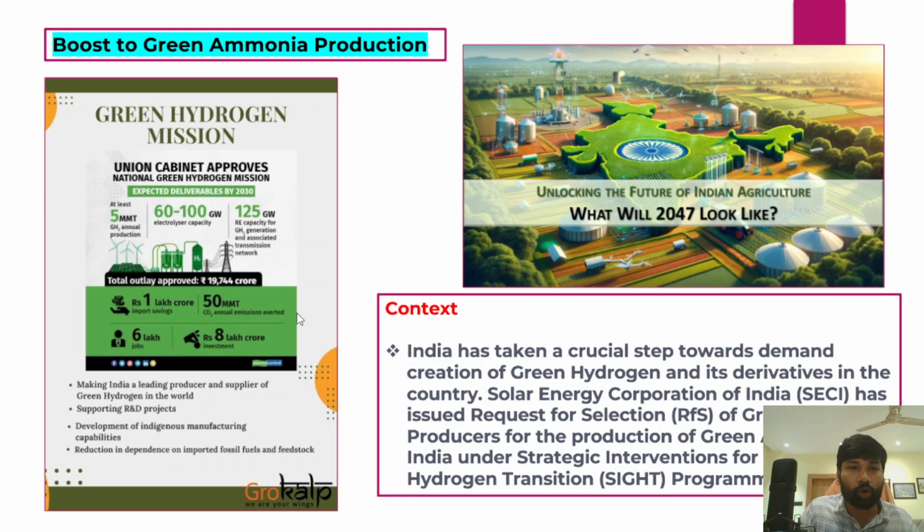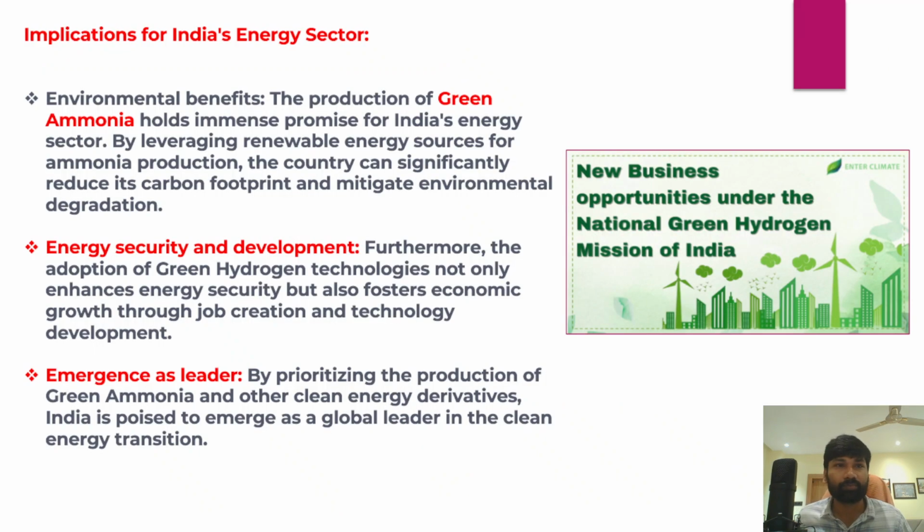These are some of the objectives of the National Green Hydrogen Mission. Now what are the implications for India's energy sector if we follow this mission? First and foremost, we need to understand the environmental benefits of this National Green Hydrogen Mission. In fact, the production of green ammonia holds a lot of promise for India's energy sector.